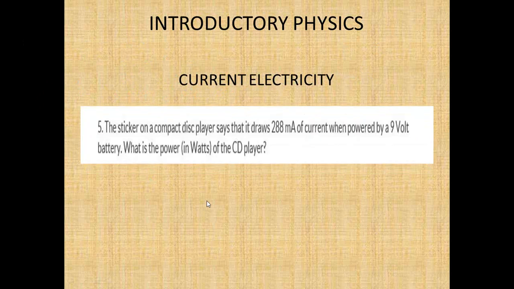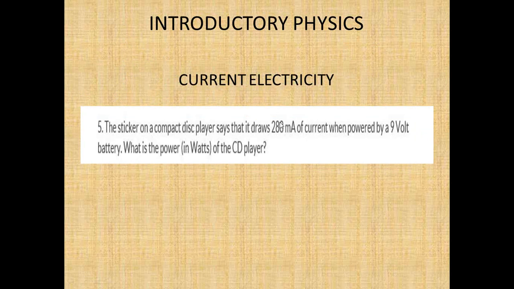All right. So the sticker on a compact disc player says it draws 288 milliamperes of current. It is powered by a 9 volt battery. What is the power? The importance here is to make sure this has to be in amperes, not milliamperes.